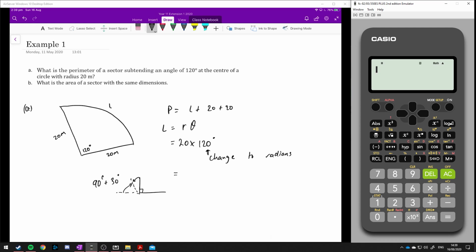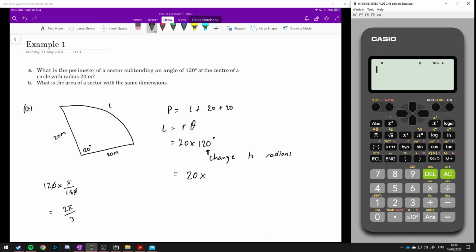Oh, well, let's just do it the easy way. Why am I worrying about all this? Converting 120 degrees to radians: 120 times pi on 180 is equal to, zeros cancel, 12 divided by 18 is 2 on 3. So it's 2 pi on 3.